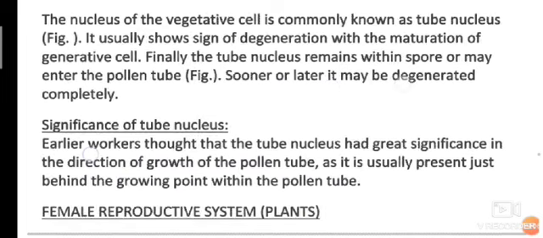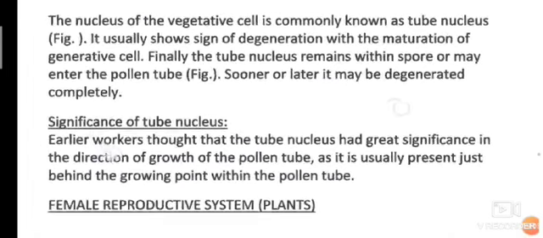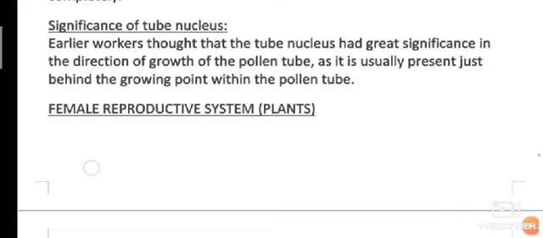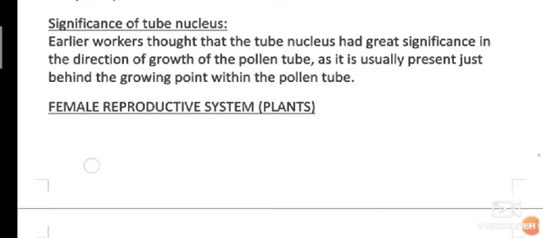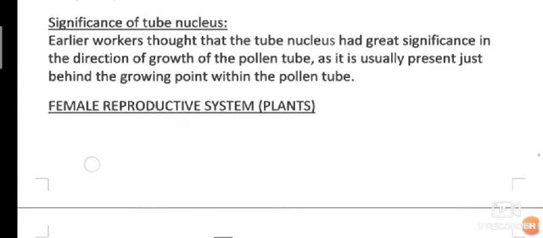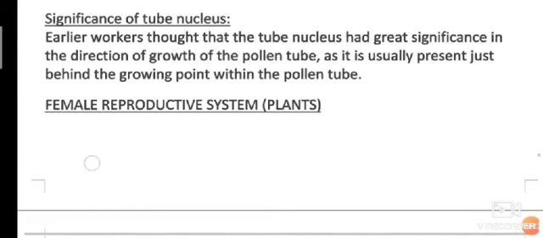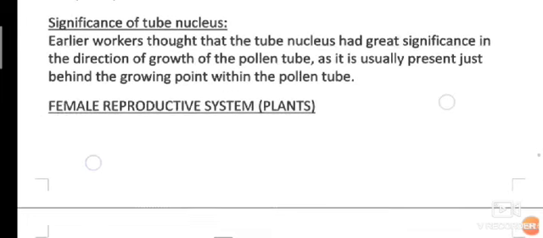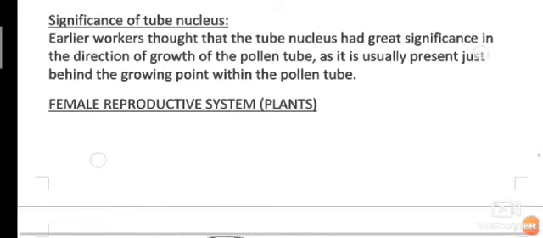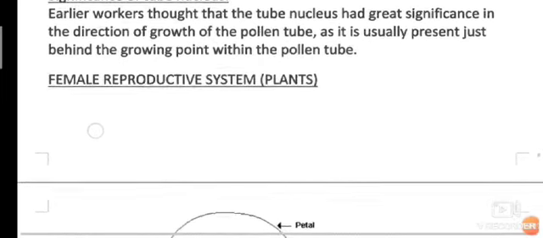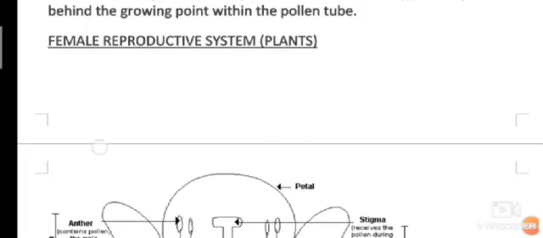Sooner or later, it may degenerate completely. The significance of tube nucleus: earlier workers thought that the tube nucleus had great significance in the direction of growth of the pollen tube, as it is usually present just behind the growing point within the pollen tube.